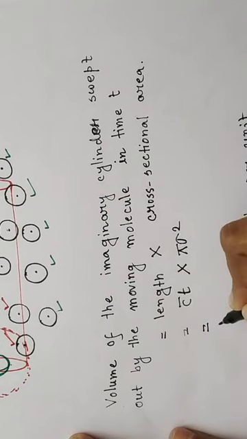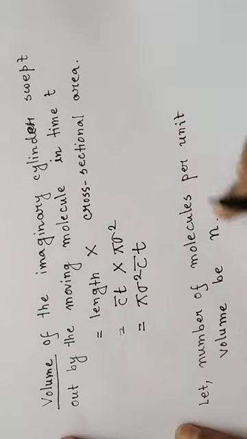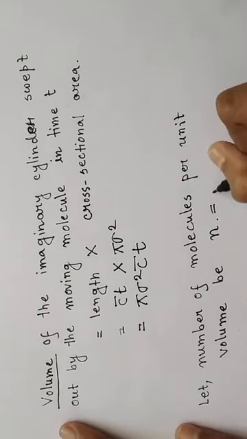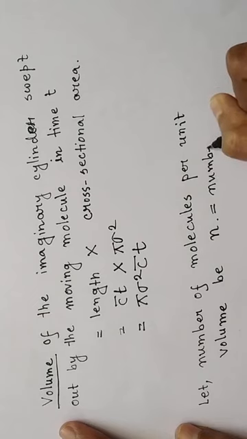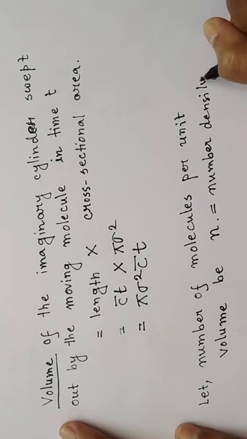So the volume of the cylinder is pi sigma square c bar t. Now let the number of molecules per unit volume, the number density of the molecules, be n.